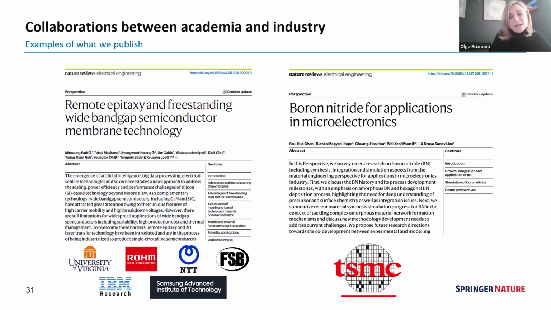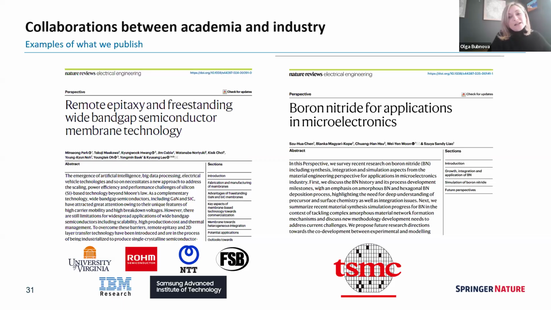And this paper was really written in a way that TSMC was trying to provide very strong input and send a very strong message to academia on what type of research and directions they would like academia to work on.